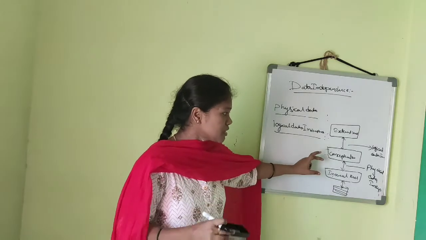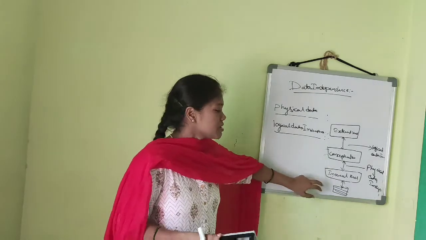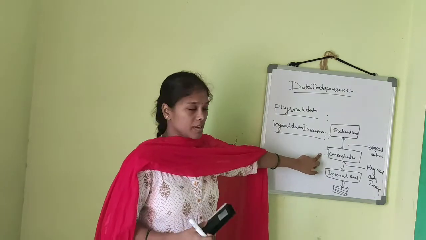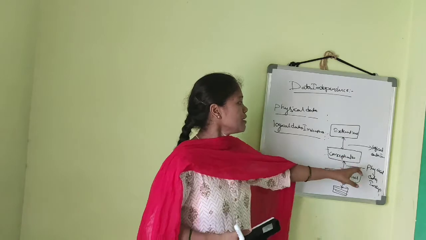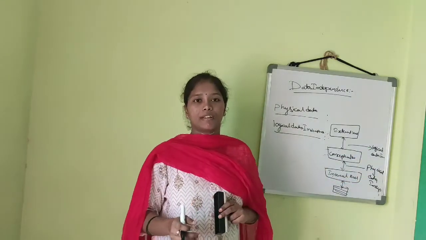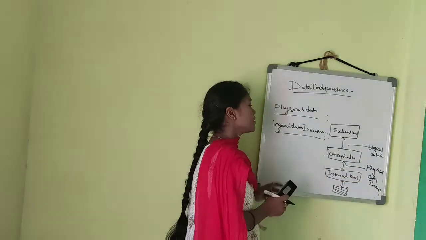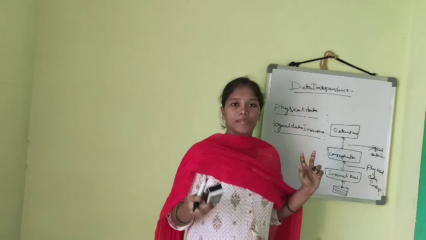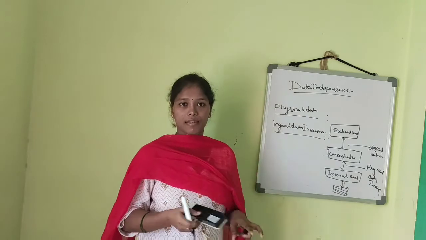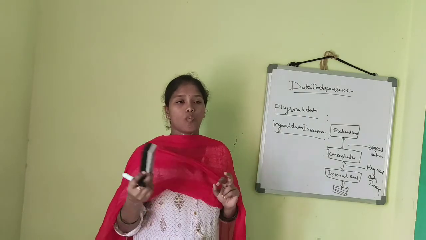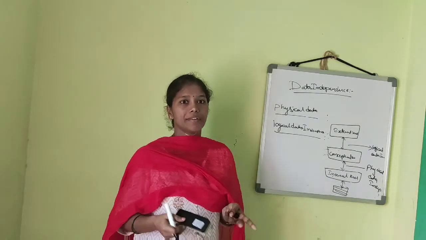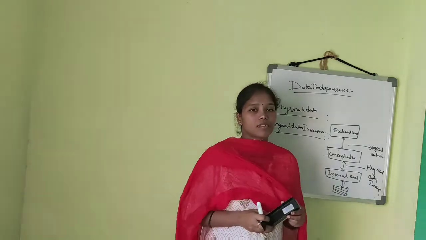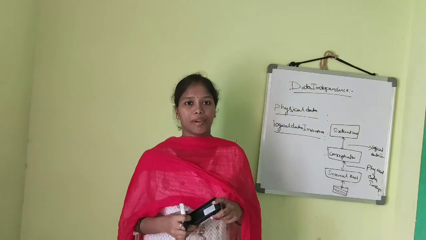So if there are any storage structure updates at that level, the conceptual level cannot be affected. These are the database instance we learned in this class, and what is schema, the database schema and database independence. These are all topics that are part of DBMS.